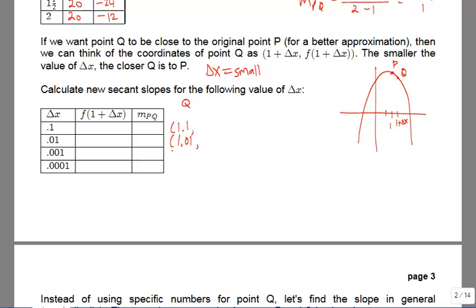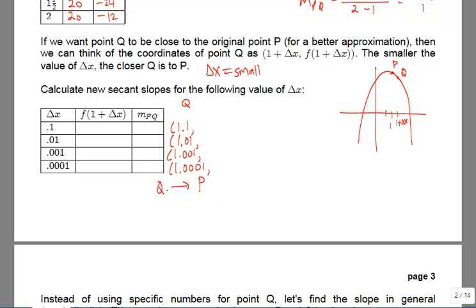If I let delta x be 0.001, then I'm really looking at 1.001 for the x value of our last point Q. So you can see that as these delta x's get smaller, these Q values are getting closer and closer to 1, which means point Q is getting closer and closer to point P. And that's what we want.